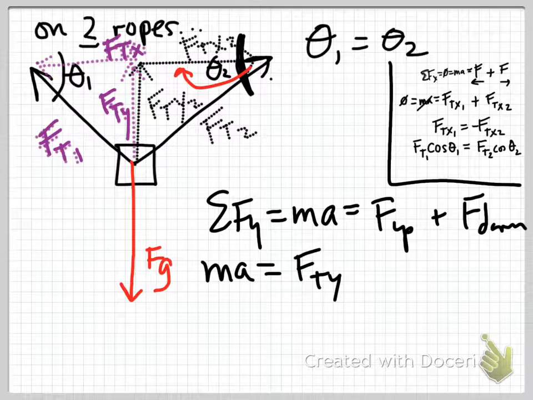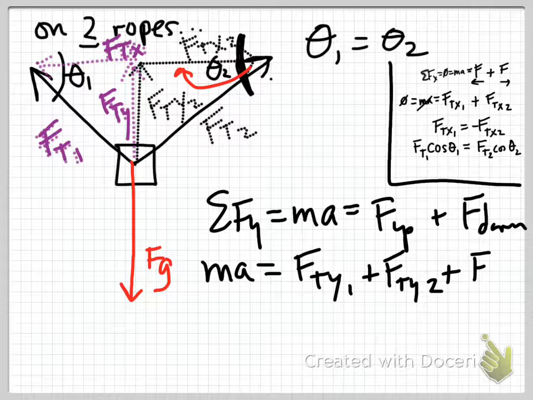Just FTY? FTY 1. We got two cables here. They're both exerting an upward pull on this object. Name me another force up. FTY 2. Do we have any other forces up? No. Force down is FG. And that's the only force we have down.